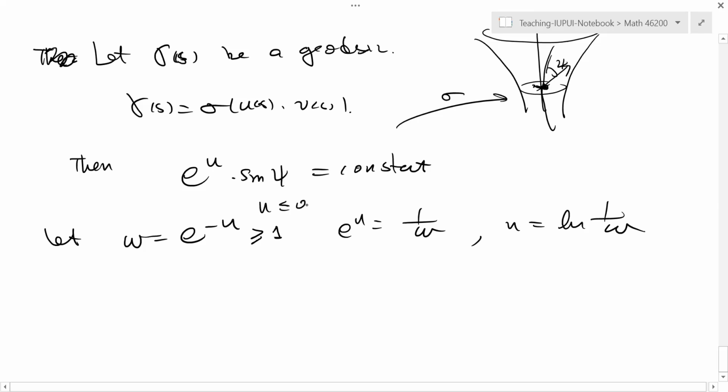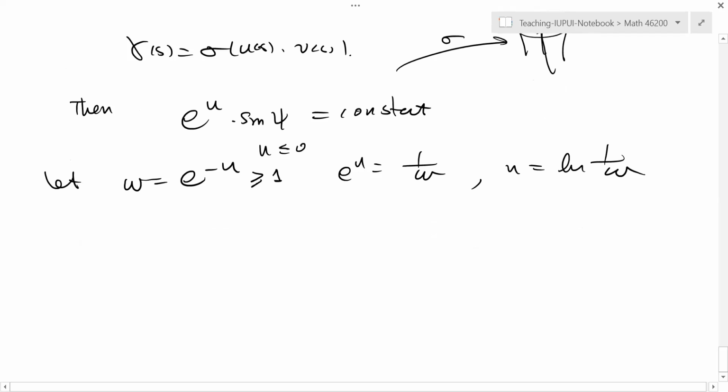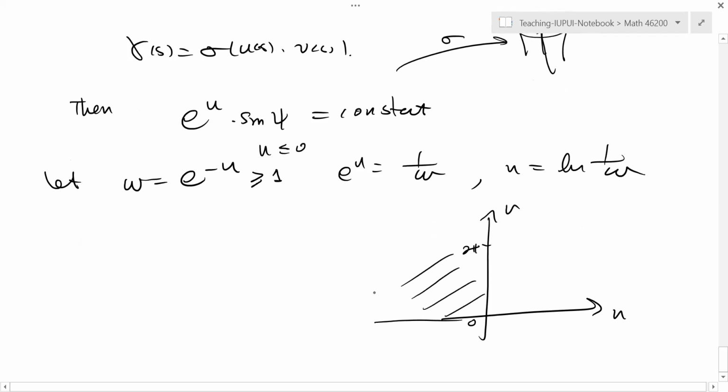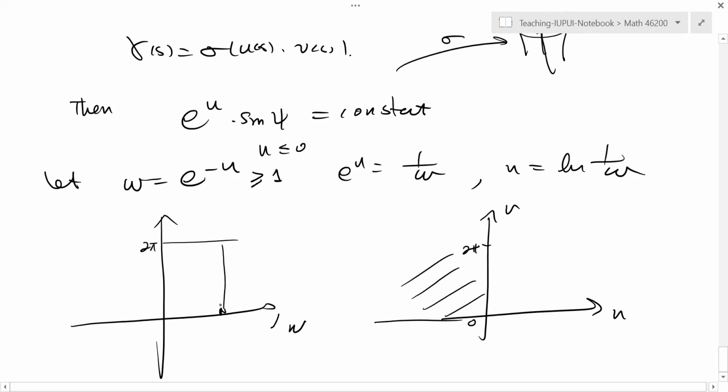Since u is less than or equal to 0, w is greater than or equal to 1. Look at the uv plane: v is from 0 to 2 pi, u is negative, and in the new transformation w is greater than or equal to 1.